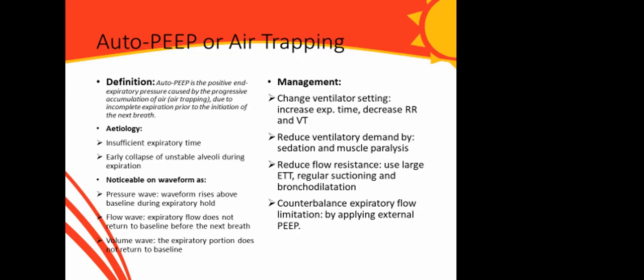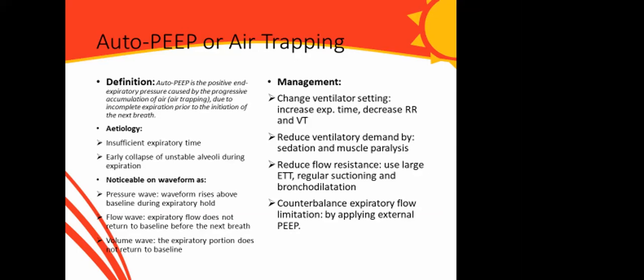So how do you manage auto-PEEP? You want to change your ventilator settings: increase expiratory time, and decrease respiratory rate and tidal volume. The increase in expiratory time could be minimal. You can just have a 1 to 2.5 or 1 to 3 IE ratio, and you see that the waveform will gradually fall to the baseline.